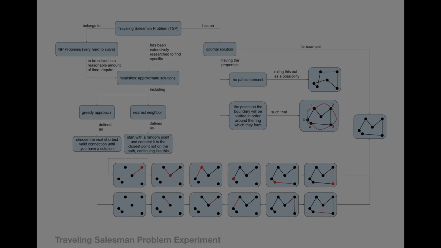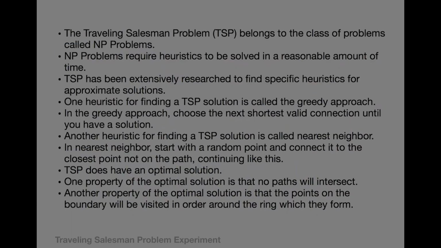Then back up closer to the top, I talk about the optimal solution, and I say that the optimal solution will have certain properties, such as that no paths intersect, and if you go around the boundary points in the tour, you should visit them in some sort of order and not out of order. And then for this problem, I show an example optimal solution.